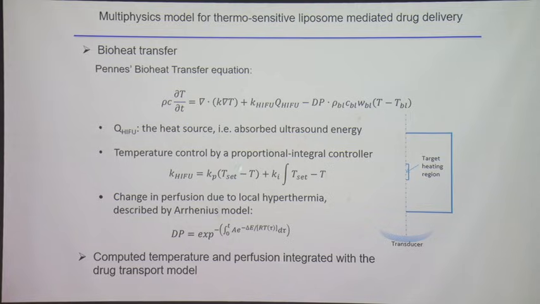This is the absorbed ultrasound energy. And this is the heat transfer due to perfusion. So there's the perfusion rate of the blood flow within the tumor tissue.